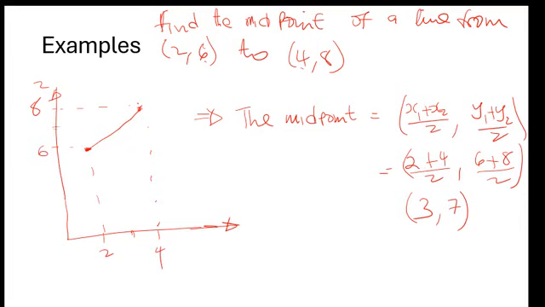So 4 minus 2, that's 2. 2 divided by 2, that's 1. So starting from 2 and going there, it will be 2 plus that one, so this will be 3. The same here.